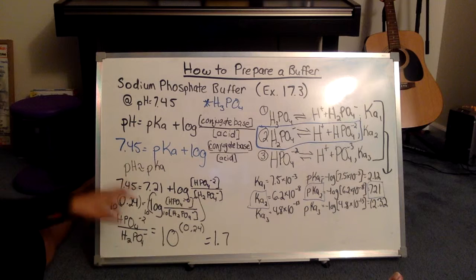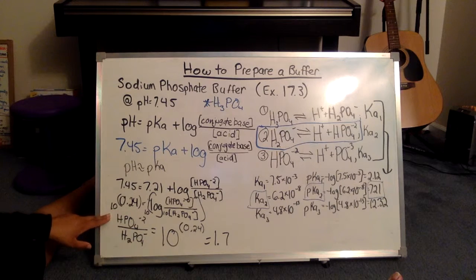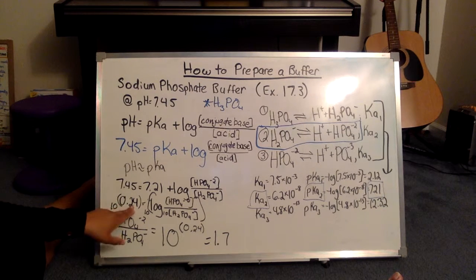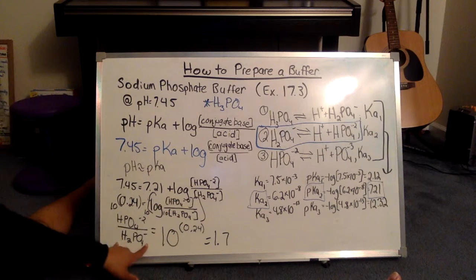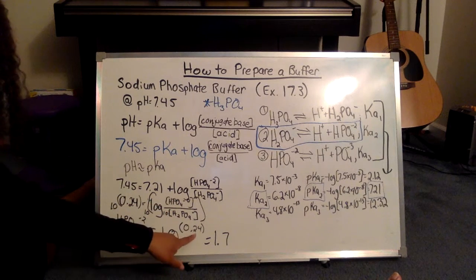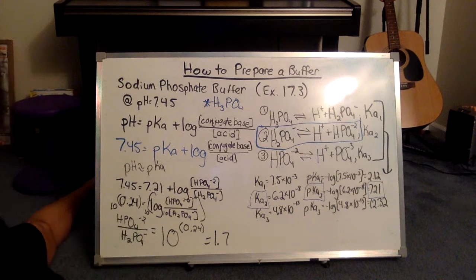We do that by subtracting 7.21 on both sides to get 0.24. Then we take 10 to the power 0.24 to get just this quantity, which is shown down here. You put 10 to the 0.24 power in your calculator and you get 1.7.